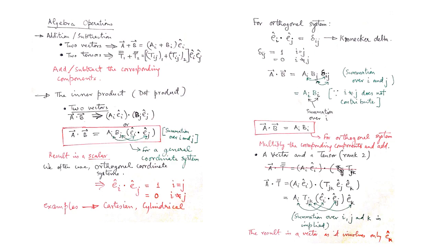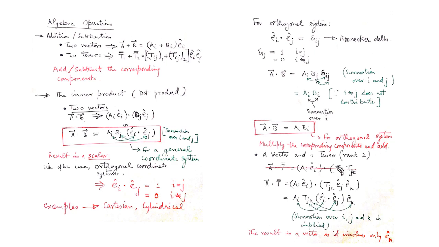So for a general coordinate system, if you open out the two summations i and j, you will again get three terms for each. So in all it gives me 3 into 3, 9 terms.